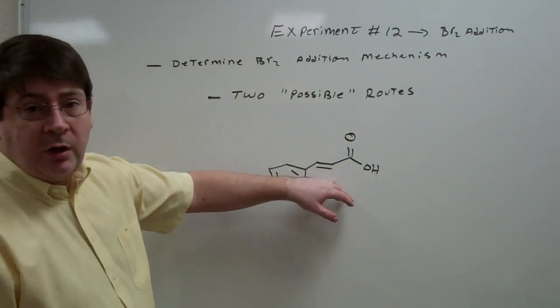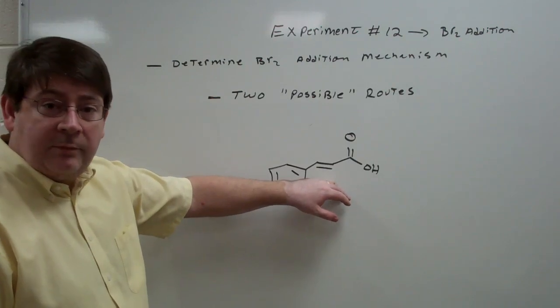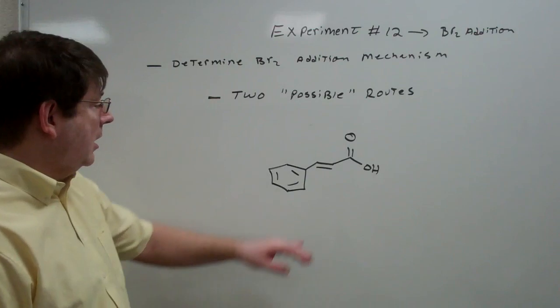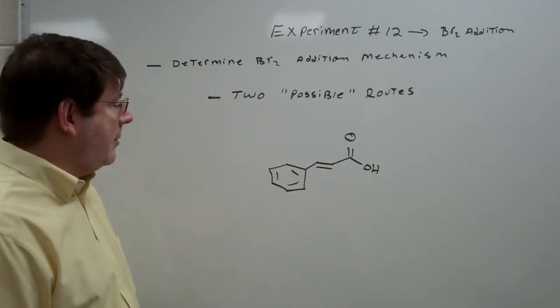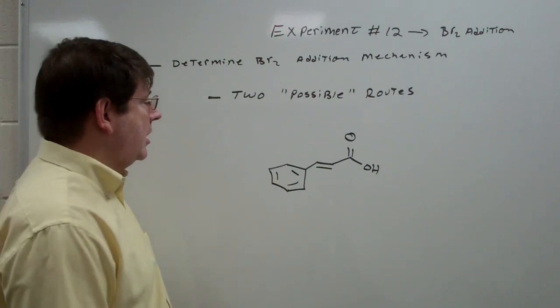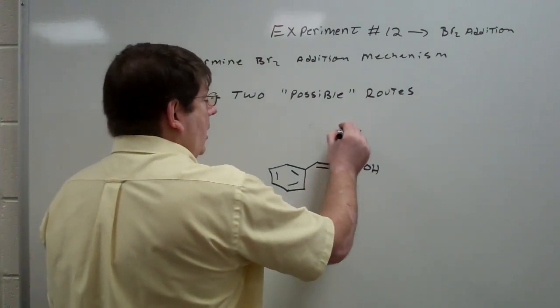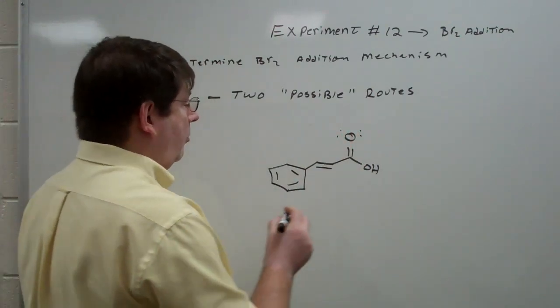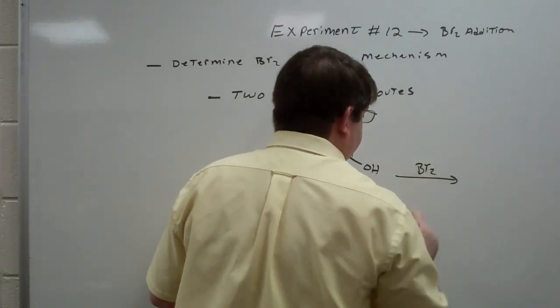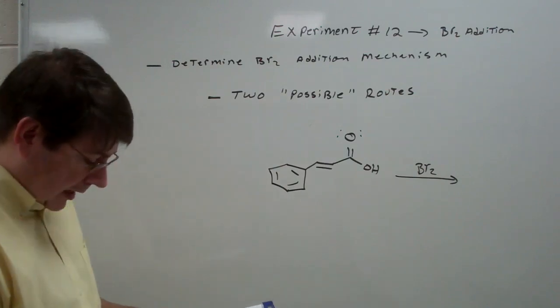It's a nice solid material. Cinnamic acid sounds like cinnamon, and actually it is one of the components of cinnamon. Cinnamaldehyde is what gives rise to cinnamic acid, which is a cinnamon natural product. We're going to add bromine to this, and we're going to see what kind of products we get.